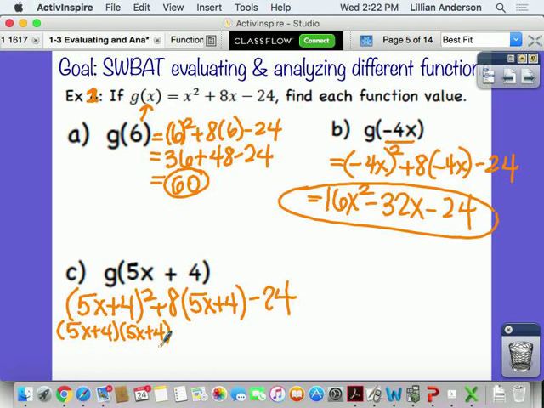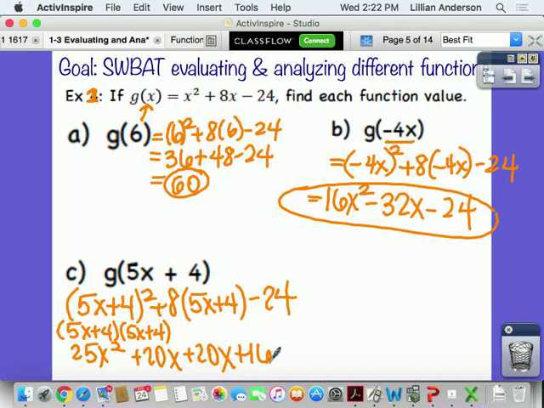5x times 5x is 25x squared. Outer, 5x times 4. Last terms give 16. Don't let that throw you off. Make sure you FOIL that.